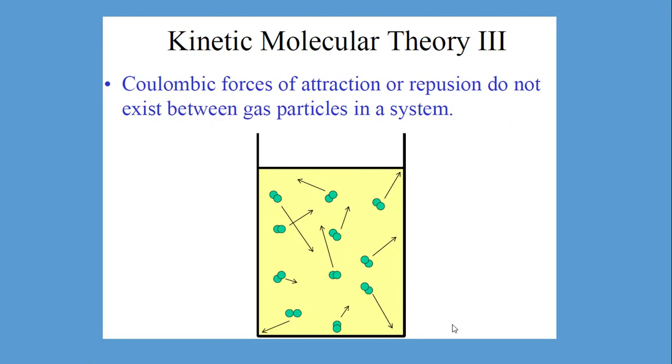With the kinetic molecular theory, there are some things against it, of course, but what we're saying is the gases are moving so quickly and are far enough apart that there aren't any intermolecular forces between the gas molecules. Is there in some situations? Yes, and we will discuss that. But in general, there are not. And according to the ideal gas law, we're assuming that there are no intermolecular forces.